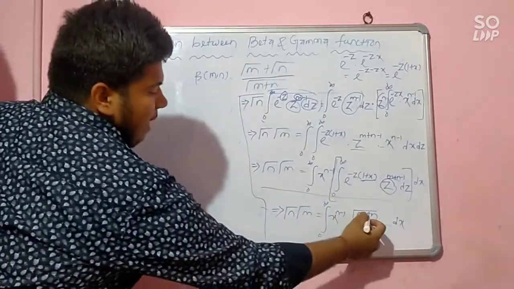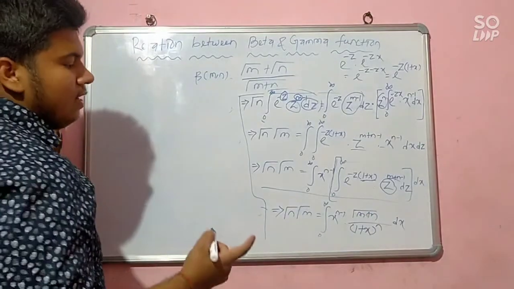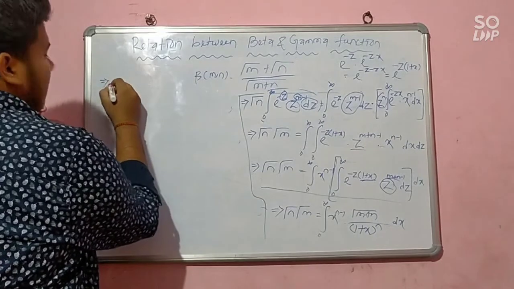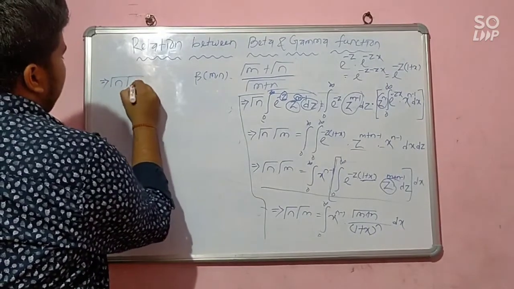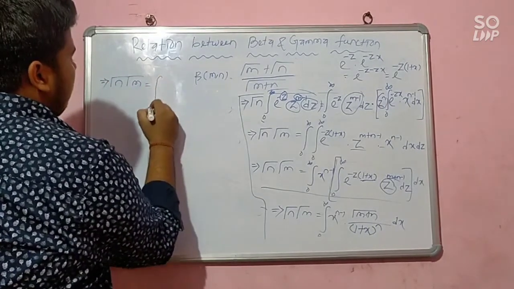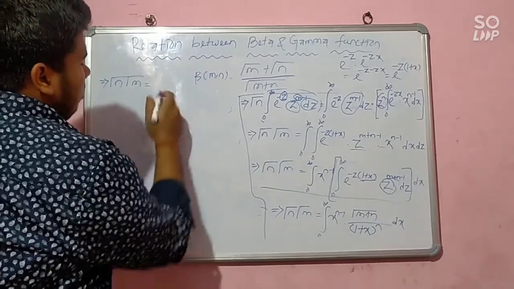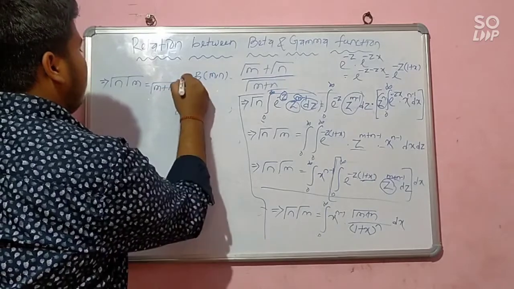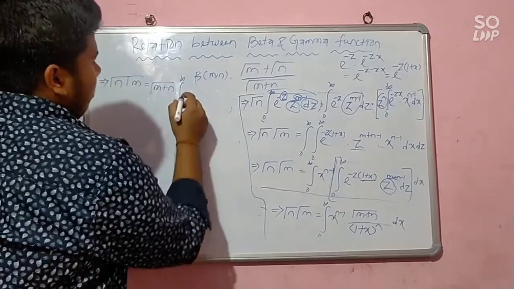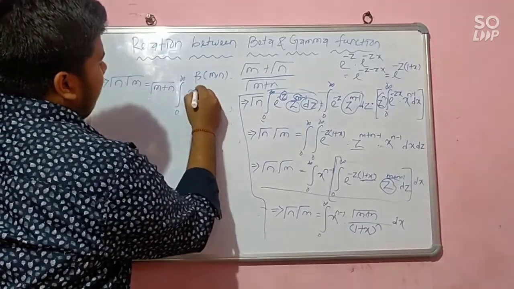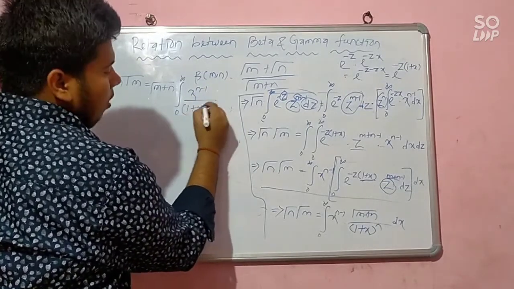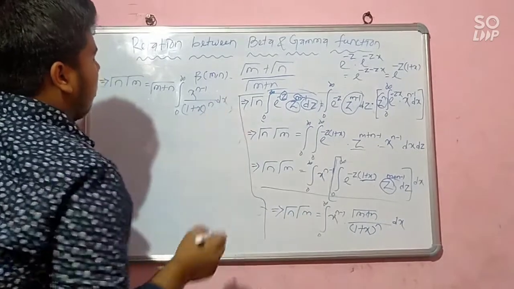Here gamma m plus n is a constant, so we can take this outside. This implies gamma n into gamma m is equal to gamma m plus n times the integral from 0 to infinity of x to the power n minus 1 by 1 plus x to the power n dx.